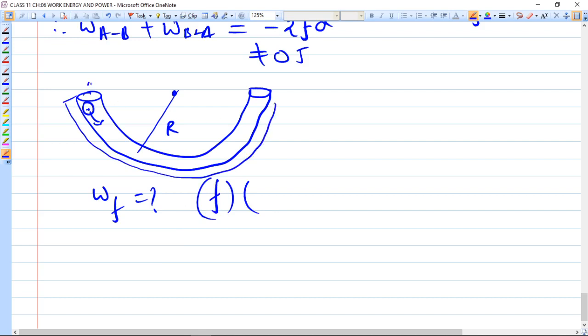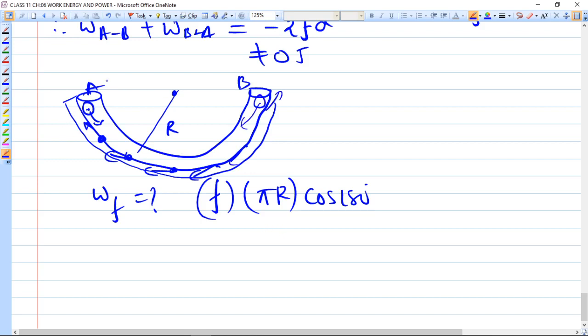Work done by friction from A to B will be equal to this much length, and how much length is this? This is r, so I think this is a pi r length, into cos 180, because at each and every point you will notice that friction is in the opposite direction. If the ball is moving from B to A, then also it is in the opposite direction. That's why it depends on this path.